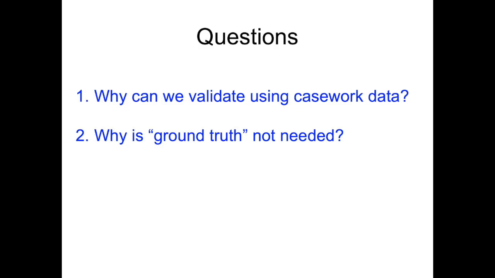It's not a policy. It's just how the world works with information. So why can we reliably validate using casework data, and why isn't this notion of ground truth, whatever that means, needed in order to do a validation? Well, let's see how this works. Next slide.